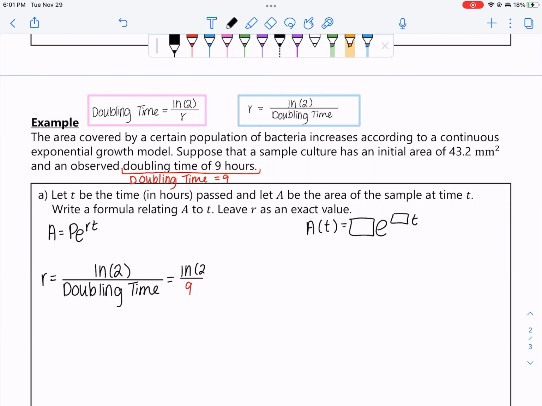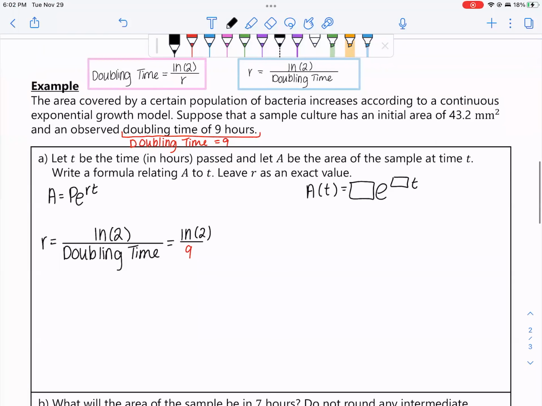So this is ln2 over 9. ln2 divided by 9. I was about to just round this number, but it says leave r as an exact value, so we are leaving r as an exact value. Here, this is our r.